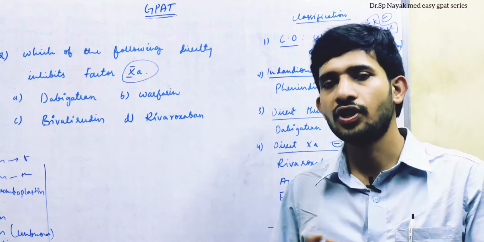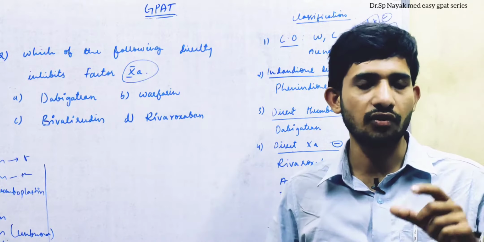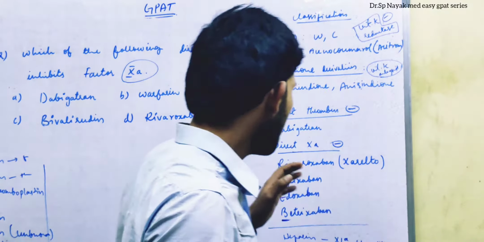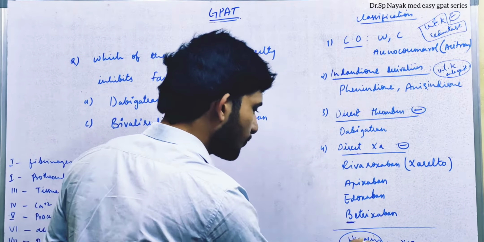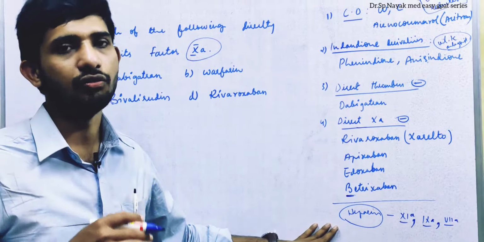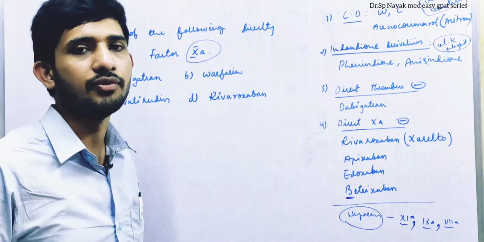In the labs, we use anticoagulants to stop the clotting of blood. Commonly heparin is one such drug. Heparin is used in vitro and also in vivo, in human beings as well as in the labs.